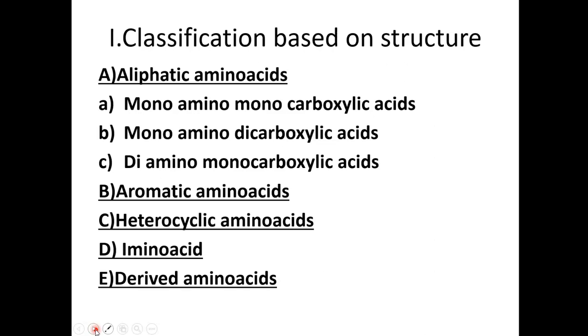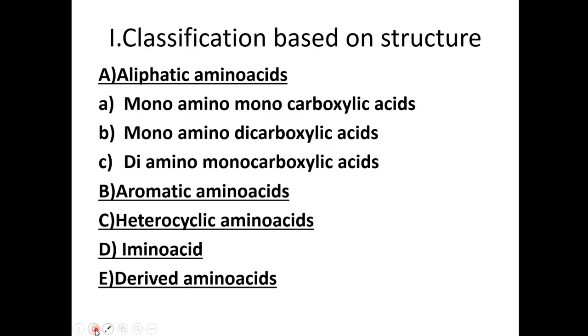Which are the sub-classifications coming under classification based on structure? There are 5 types of amino acid when we classify based on structure. They are aliphatic amino acid, aromatic amino acid, heterocyclic amino acid, imino acid, and finally derived amino acid. What is aliphatic amino acid?